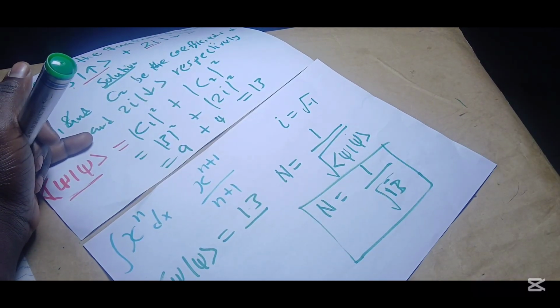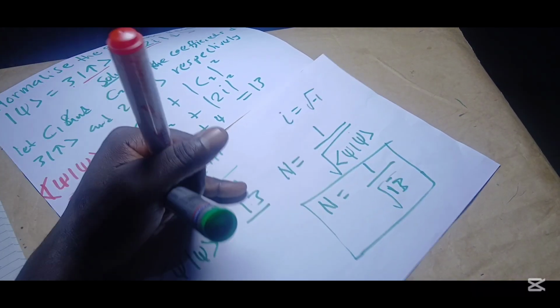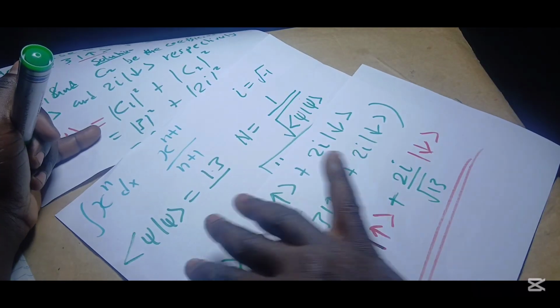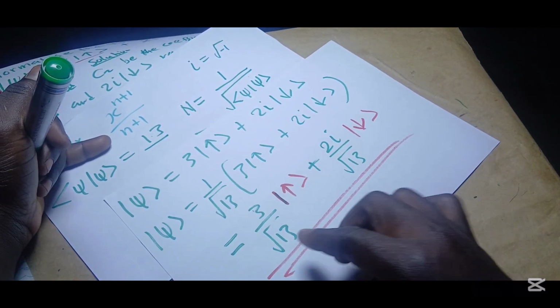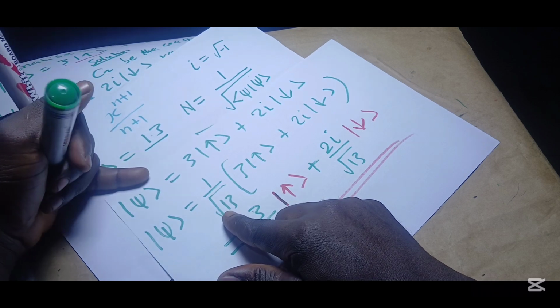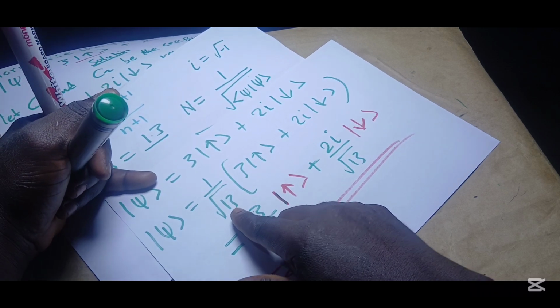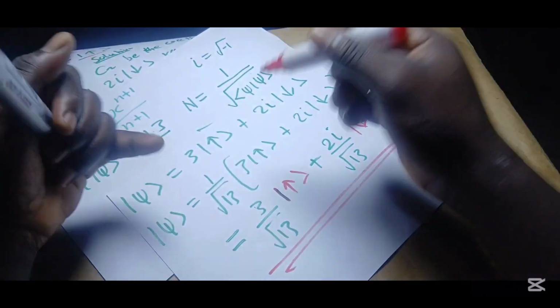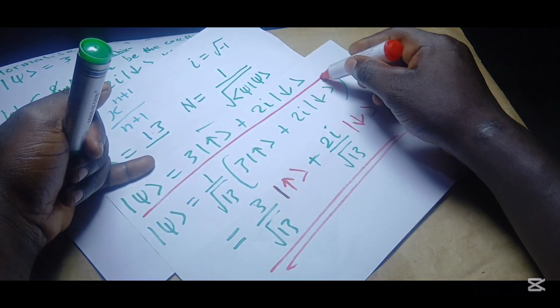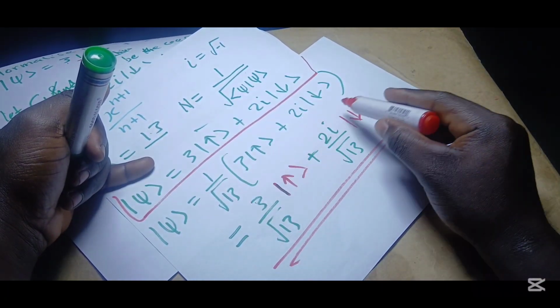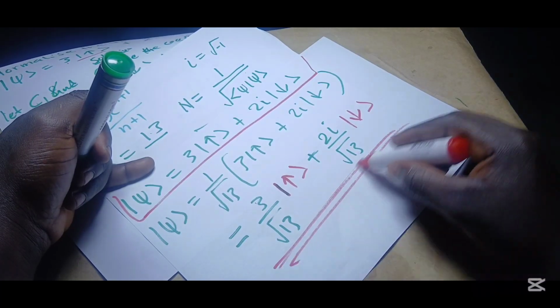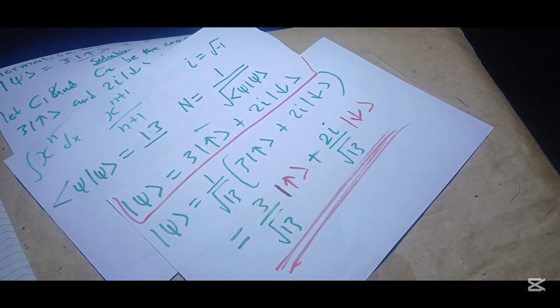And the last step is to multiply the normalization constant by the given state to be normalized. So multiplying through gives us this, and this is our normalized wave function.